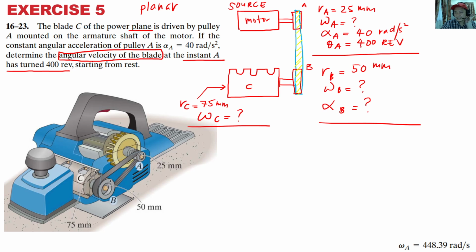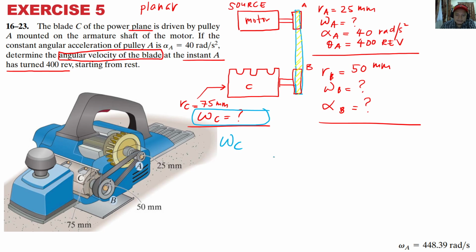When theta A has rotated 400 revolution, what do we want to find? I suppose they ask us to find omega. Yeah, okay, I got it. He's trying to get you to know this.